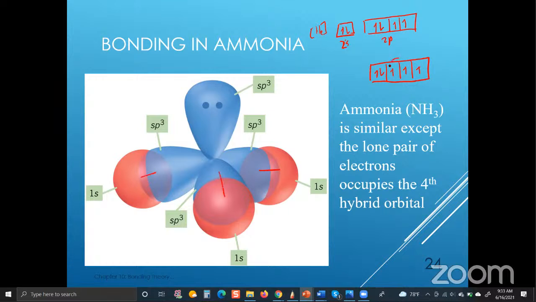And this sp3 hybrid orbital here would be this one right here with the lone pair of electrons, all right? So these are the sp3 hybrid orbitals that will be formed as a result of the mixing or blending or hybridization of the 2s and the 2p orbitals. So that's basically how that works in the case of ammonia.